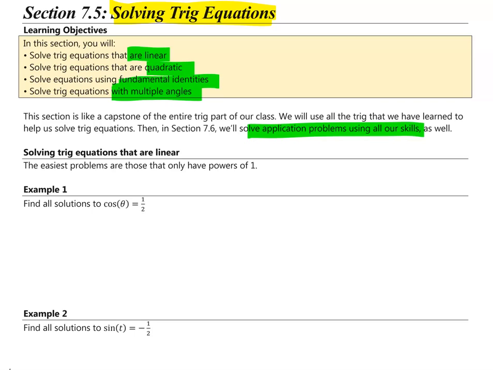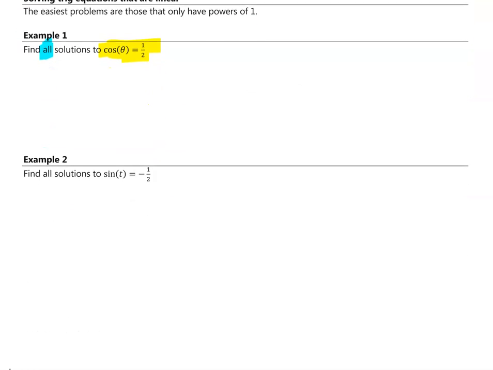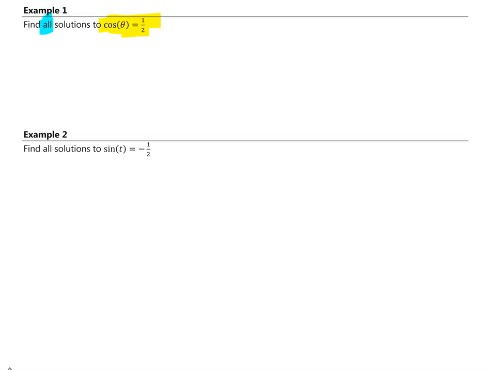The easiest problems are those that only have powers of 1. Let's say, for example, number 1, find all the solutions to cosine theta is equal to 1/2. And take note of this, we want to find all the solutions. So cosine theta is equal to 1/2.